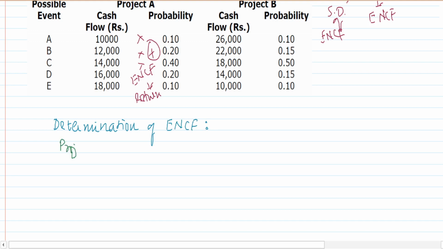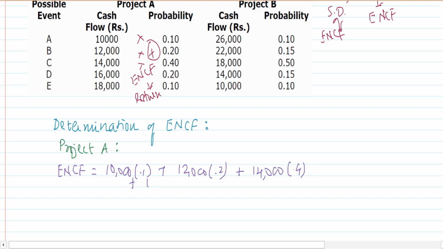In that we say project A, and then we say expected net cash flow equals 10,000 into its probability plus 12,000 into its probability plus 14,000 into its probability plus 16,000 into its probability plus 18,000 into its probability.